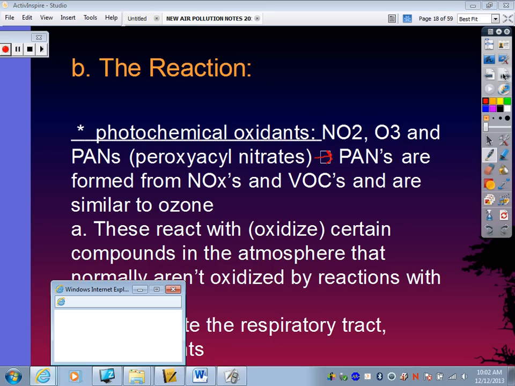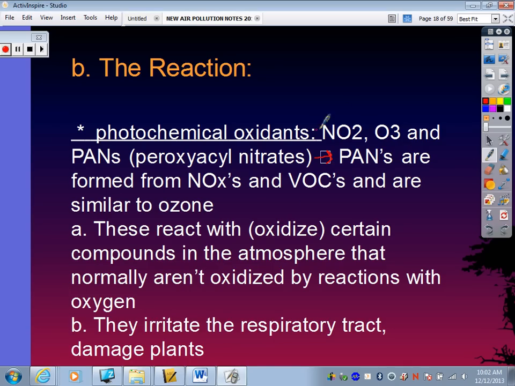Okay, so here's even more of a reaction. You can have NO2s, we can form ozones eventually, and then we can have these PANs, which are peroxyacyl nitrates. They are formed from NOxes and VOCs, and they're going to be similar to ozone.